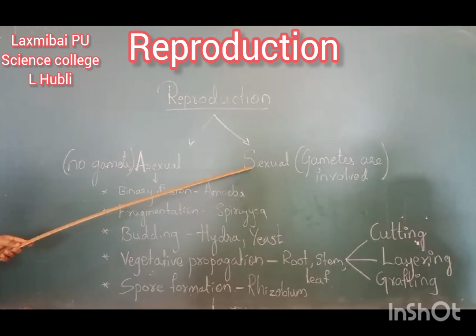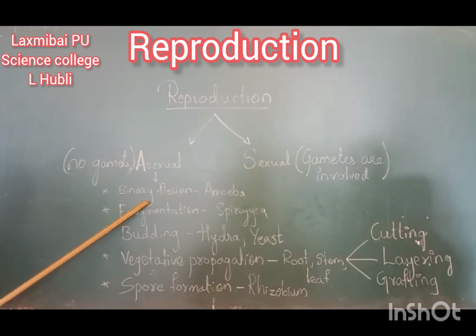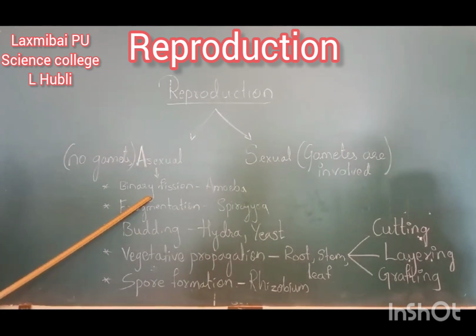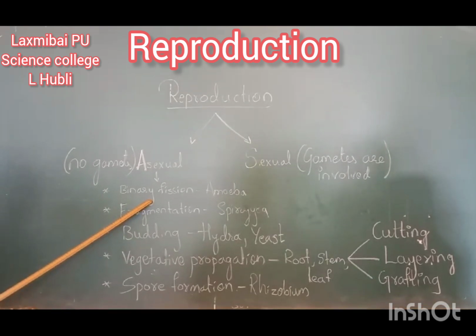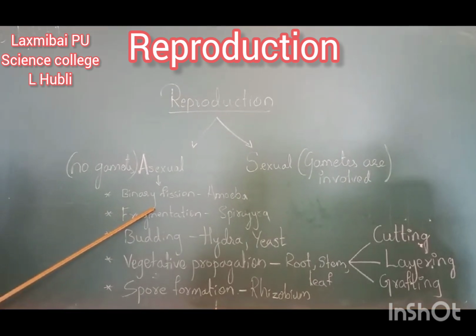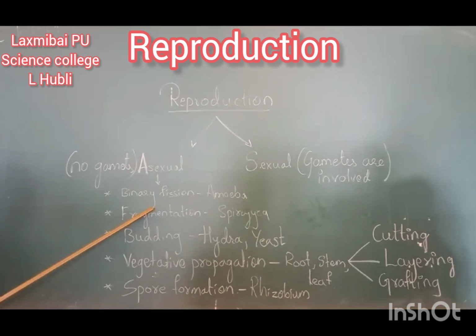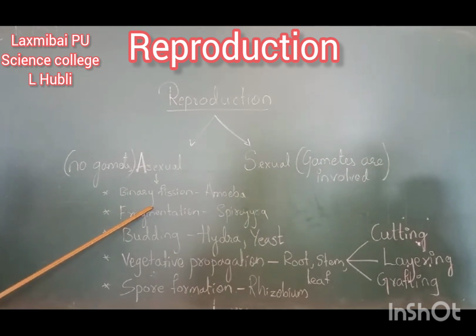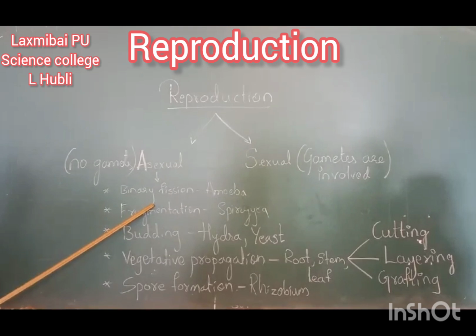So, under binary fission, what is binary fission? It is nothing but division of cell into two equal halves. One more we have, that is multiple fission, where more than two organisms are formed by a single organism.